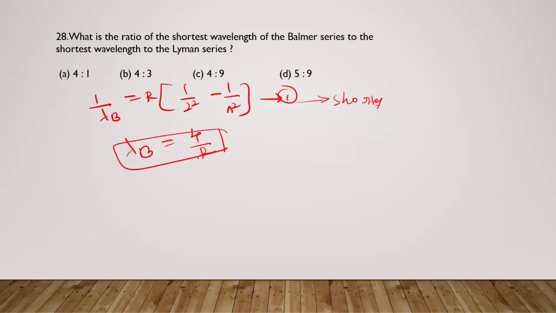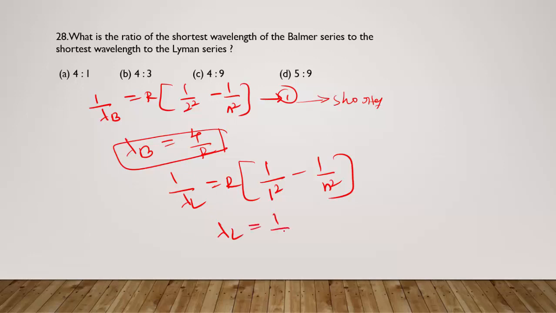But for the Lyman series, 1/lambda l is equal to R into (1/1² − 1/n²). Here n equal to 2, 3, 4, and so on up to infinity. By putting n equal to infinity, we obtain the series limit of the Lyman series. This is the shortest wavelength of the Lyman series, that is lambda l is equal to 1/R.